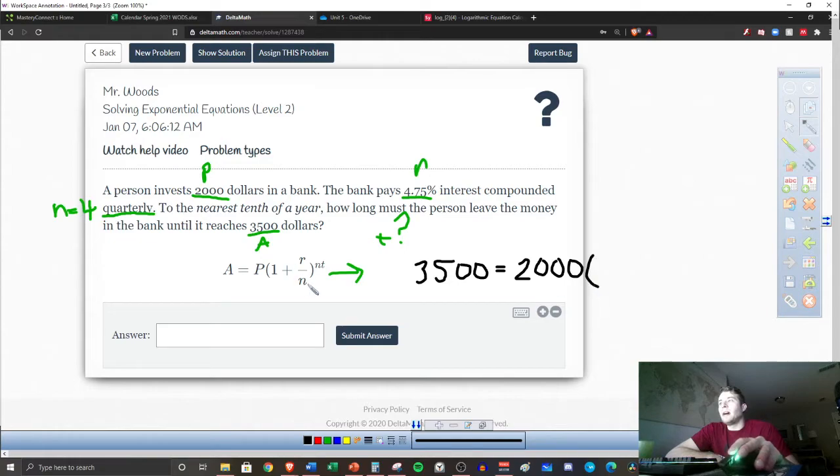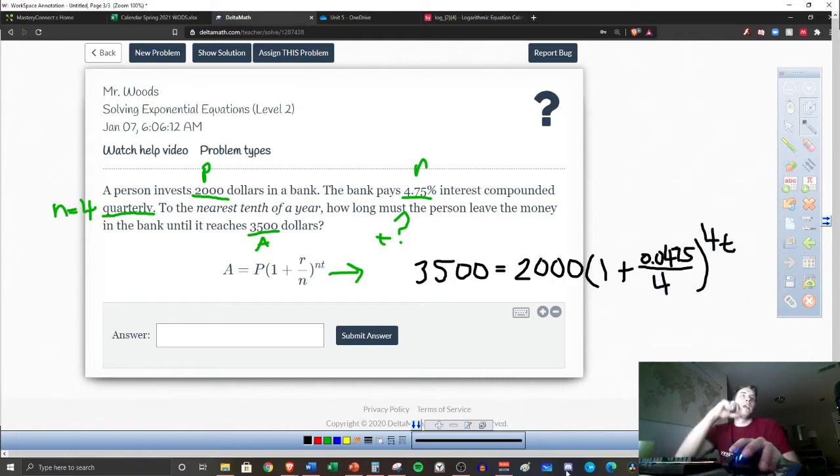You're going to multiply that by your interest rate over the compoundings. So that's 1 plus R over N. R, you've got to change that to a decimal, 0.0475, over N, which is 4, raised to the 4t. There's our equation.